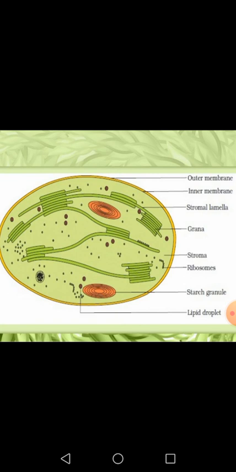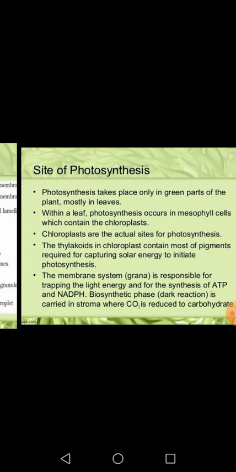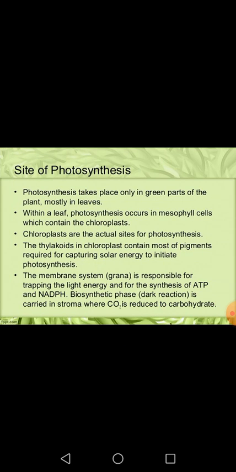The membrane system of these thylakoids is referred to as grana, and a simple coin-like structure is called a granum. So here you can easily observe what is grana, what is thylakoid, and what is stroma. In the stroma, or matrix, you can also see ribosomes and some other materials suspended. So I am talking about the structure of the chloroplast.